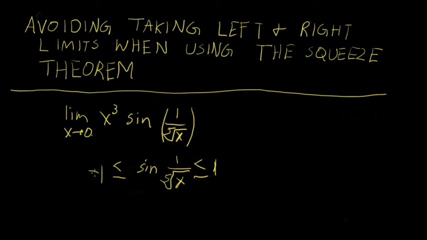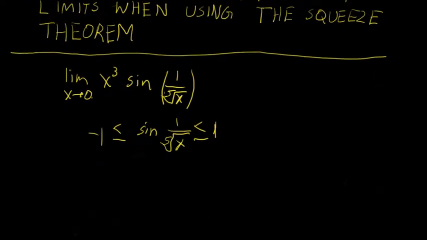In this video, we're going to be finding this same limit but using a different approach for which we don't have to separately consider the left and right limits. So looking at this compound inequality here, -1 is less than or equal to sine of 1 over the fifth root of x is less than or equal to 1.